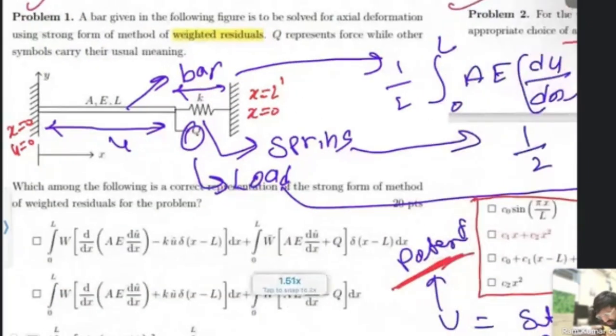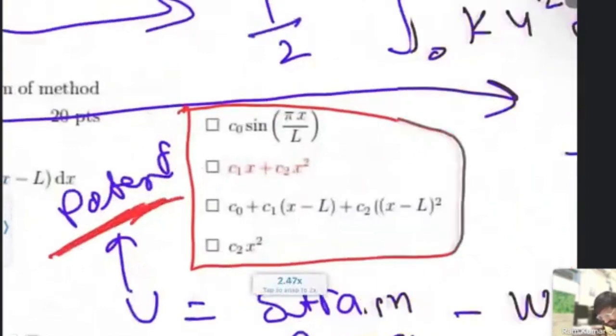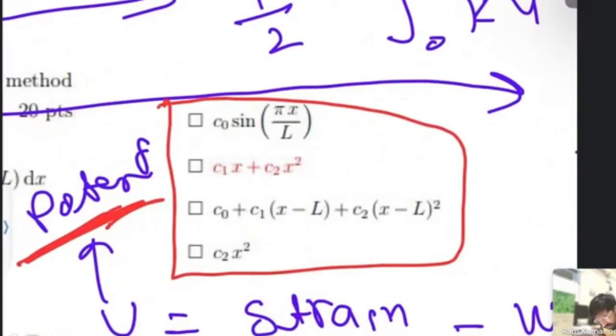So at x equal to 0, displacement should be 0. So from these four boundary conditions, we can check that at x equal to 0, this will be 0, and this will be 0, and this will also be 0. But at other support also, it should be 0.